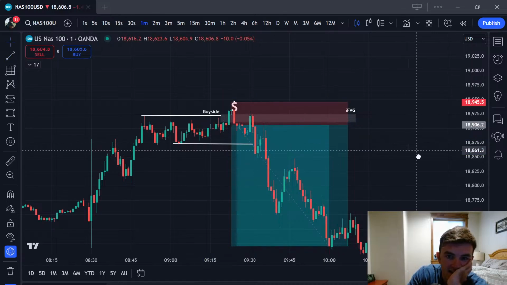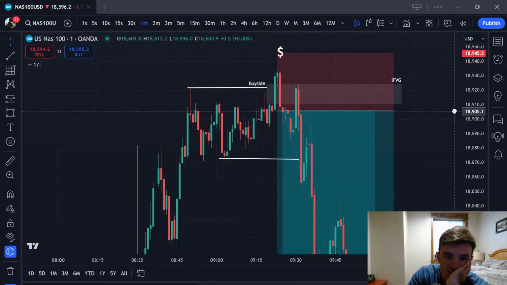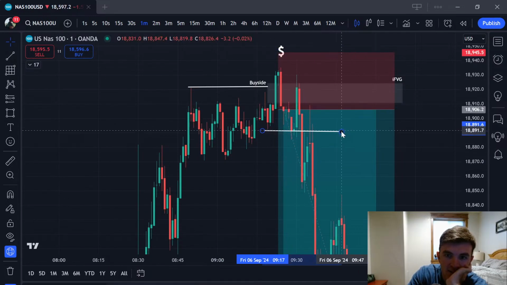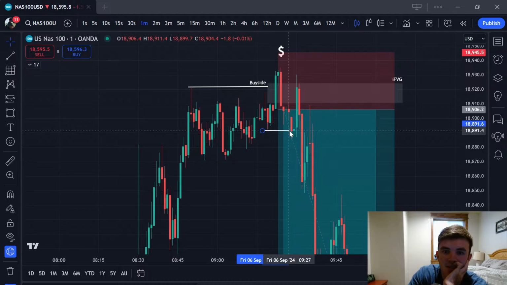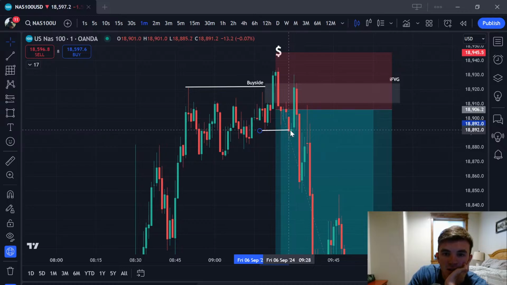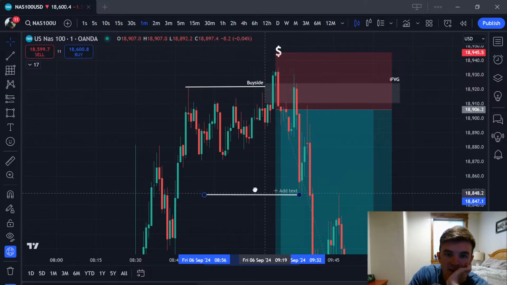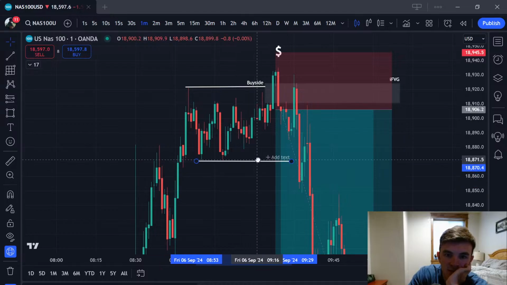I guess technically maybe this would have been break even because you would have maybe had TP1 right here. I don't know. If you had conviction, you might have held to these equal lows.